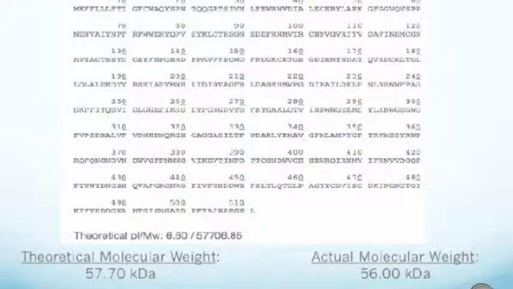The theoretical or computed molecular weight for alpha amylase was estimated to be about 57.7 kilodaltons. Compared to the actual molecular weight of 56 kilodaltons, the theoretical was fairly close.